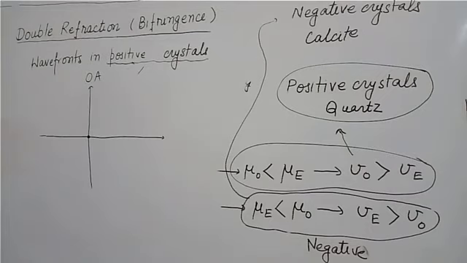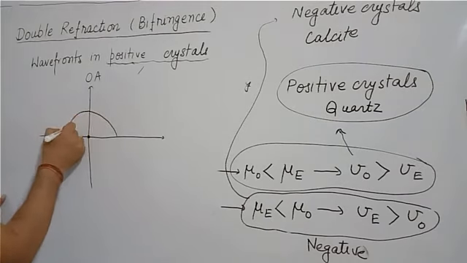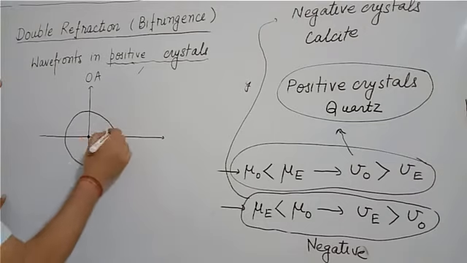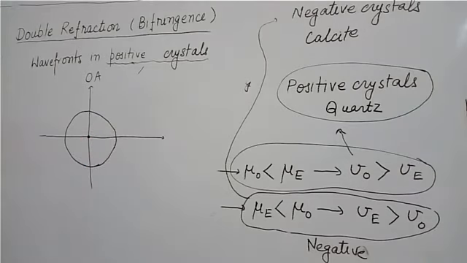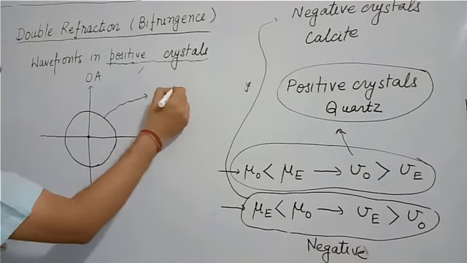One corresponds to O ray, another corresponds to E ray. First I will draw the wavefront for O ray, because O ray travels with the same speed in all directions. So this wavefront will be a sphere, or a circle in 2 dimensions. So this is the wavefront for O ray.